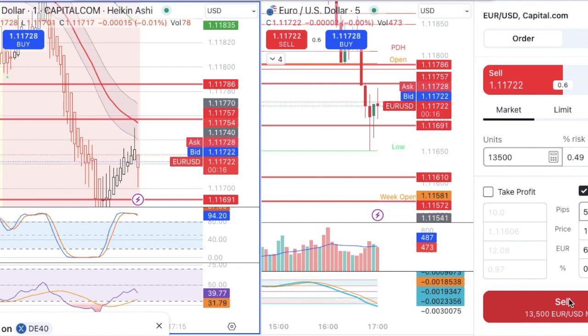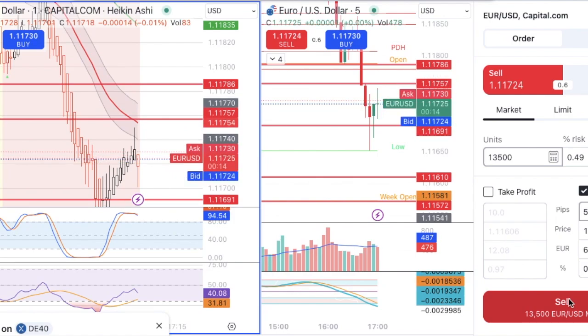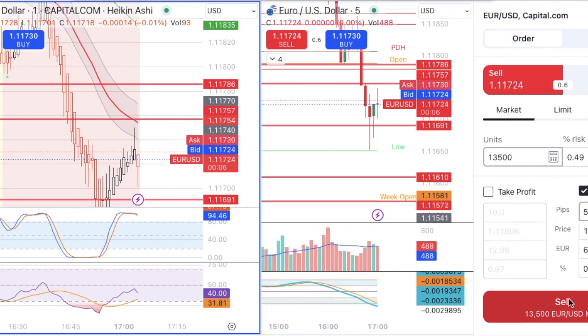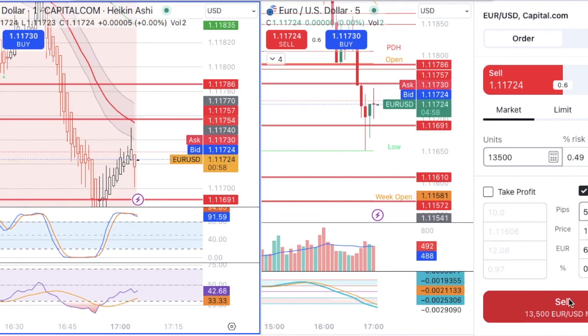So here basically I'm waiting, and let me explain. I have Heikin Ashi candles on the left, and on the right I have the normal Japanese candles, and at the right also we have a 5 minute time frame. So it's a bit easier to get an overview of what's going on.